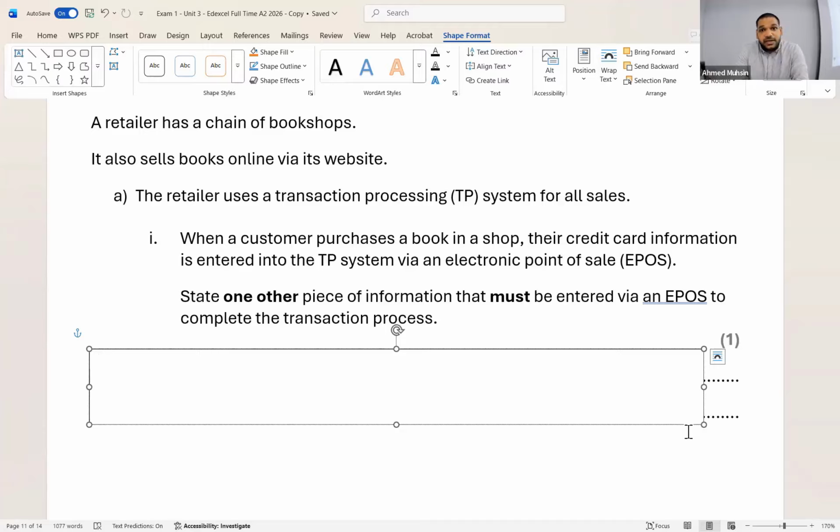PIN of the credit card. Okay, everybody, that's a valid answer. In Sri Lanka, we don't have it. If you do online, we have an OTP. Once you put your card details, the bank will send you an OTP, which you have to enter to complete the transaction. What else?